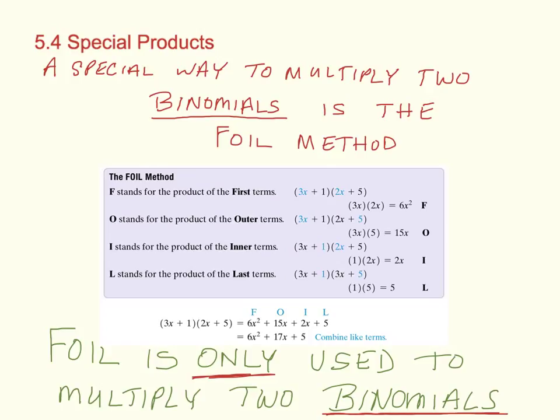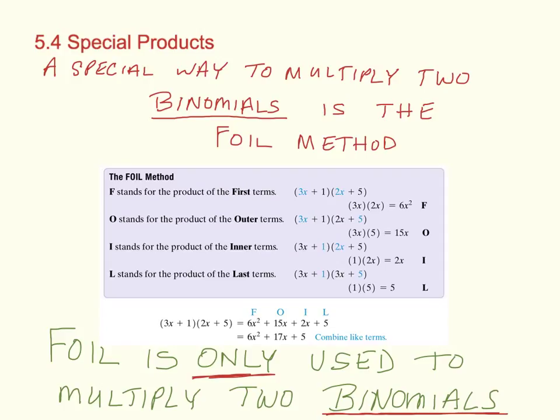And then you combine the terms that can be combined after that, if there are any like terms. And one thing you know, when you do FOIL or use the distributive property to multiply two binomials, you're always going to get 4 terms. Notice down here, we end up with 1, 2, 3, 4 terms.